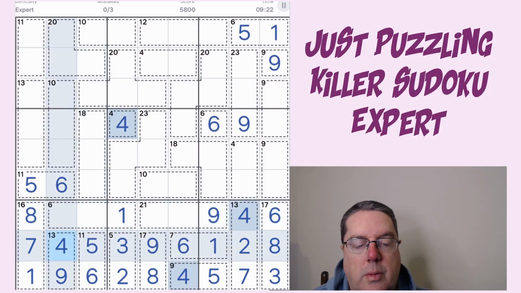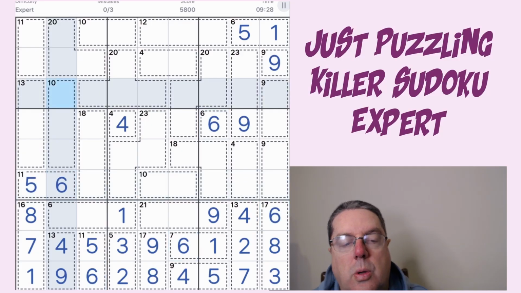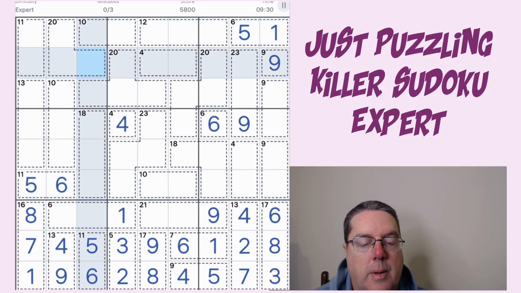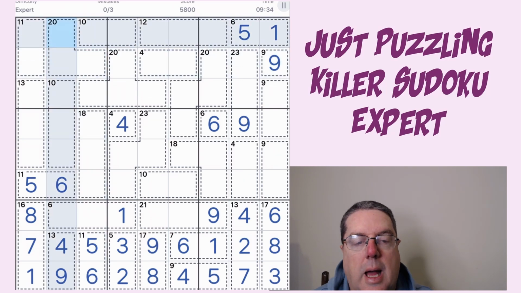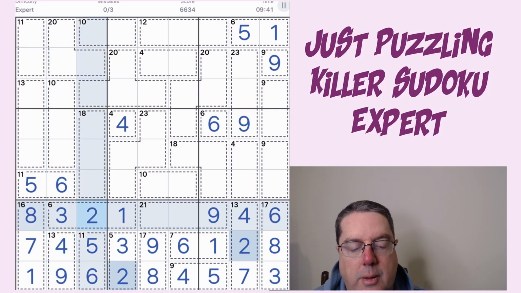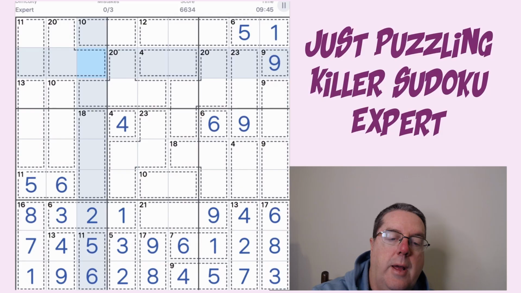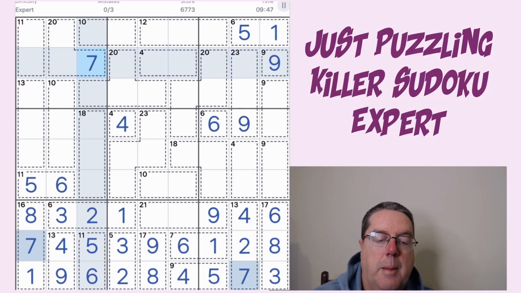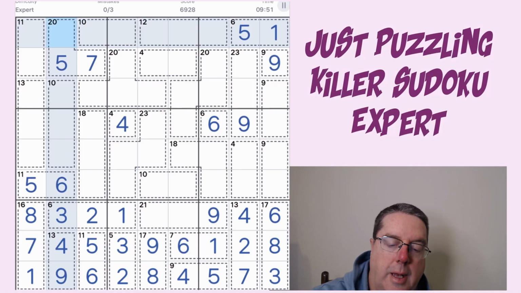So 13 plus 3, I'm just making that up at the minute, 16, 22, 32, 13, 7, 14, 6. Can't be 14, 6, so it's 13, 7. So that means that's a 3 and 2. So 13, 7. That means that this is 8 and 5, so that's a 5 and that's an 8.